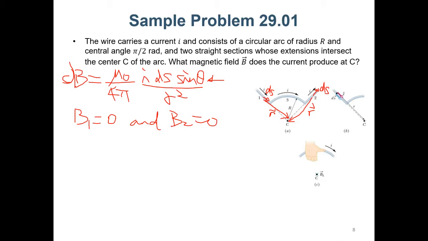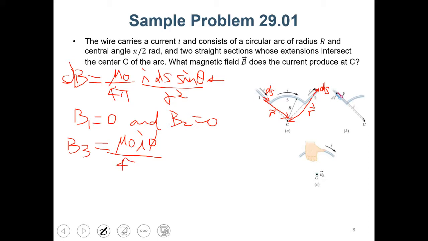For segment 3, B3 is nothing but mu0 I phi over 4 pi r. This is the formula we got on the previous page, and we substitute phi to be pi over 2, over 4 pi r.